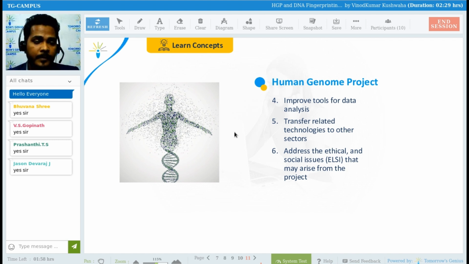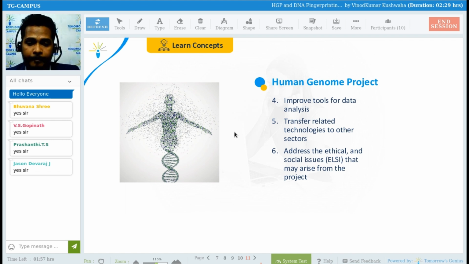Whatever problems arise can be solved with the help of this Human Genome Project. Another one is bioinformatics tools. Given the close association of the Human Genome Project with the rapid development of new areas in biology, these bioinformatics tools can be utilized. That was the goal of this Human Genome Project.